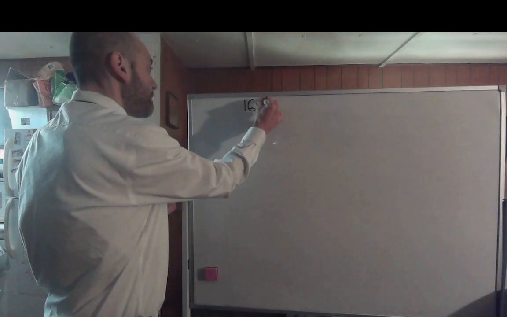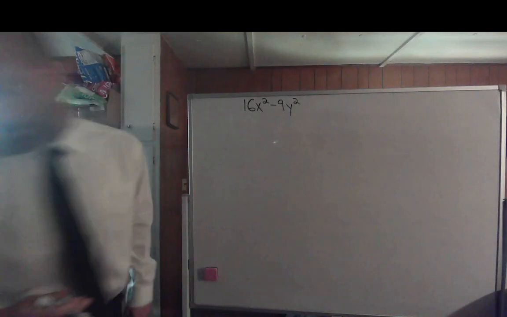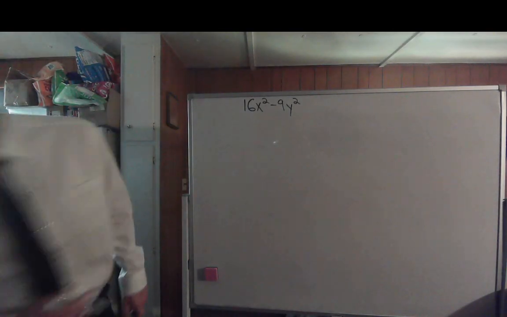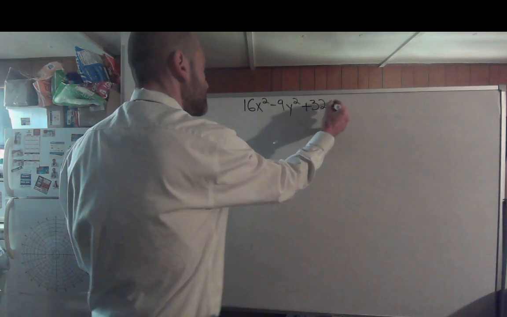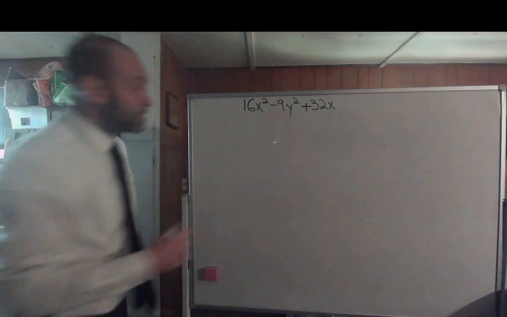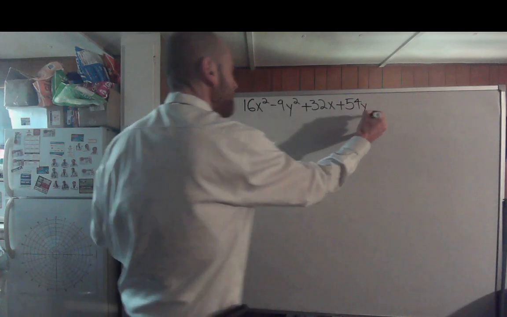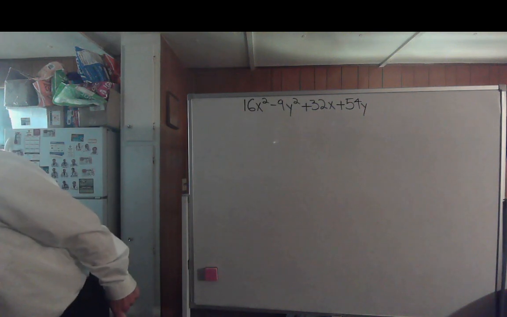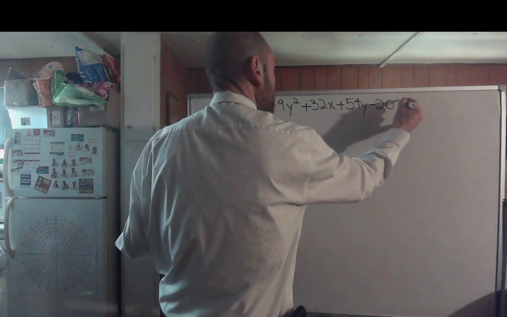We have 16x squared minus 9y squared plus 32x plus 54y minus 209 equals 0.